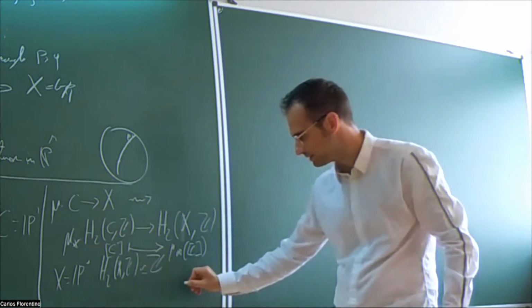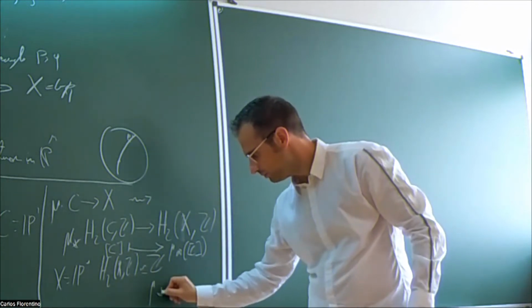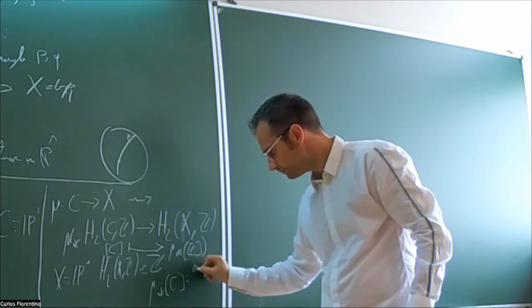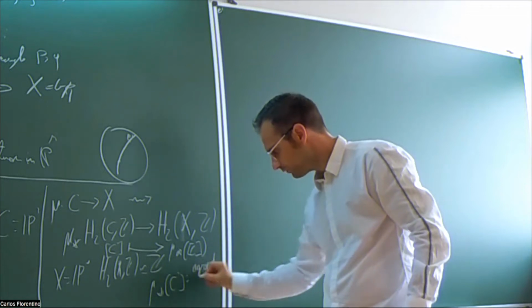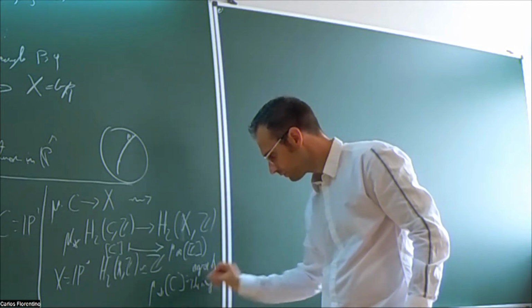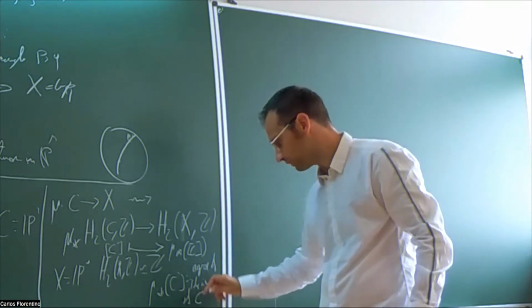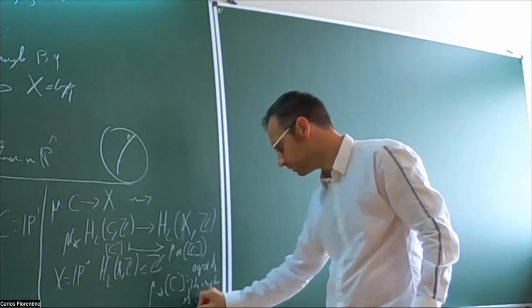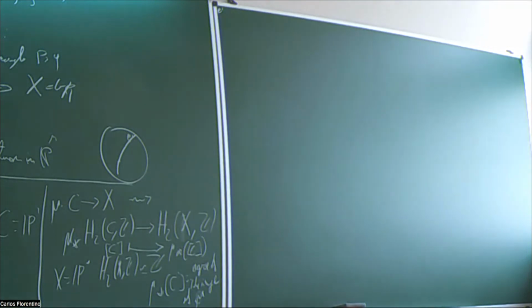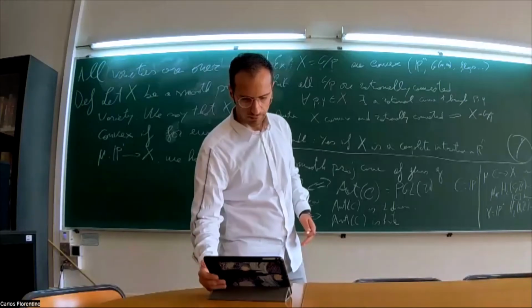So in this case, mu lower star of C is the degree of the image of mu. Okay. So just to recall that.